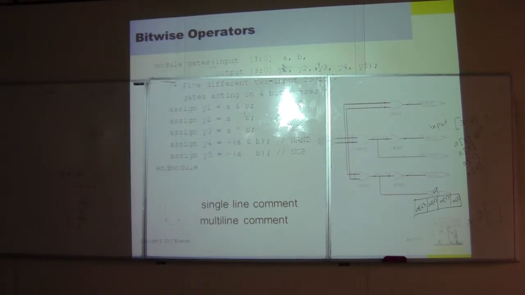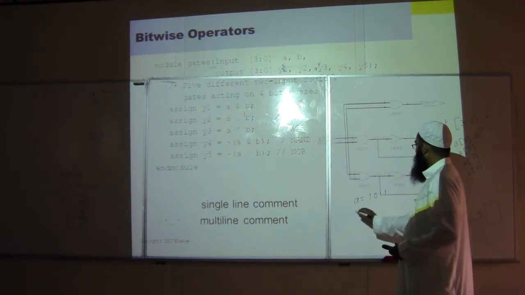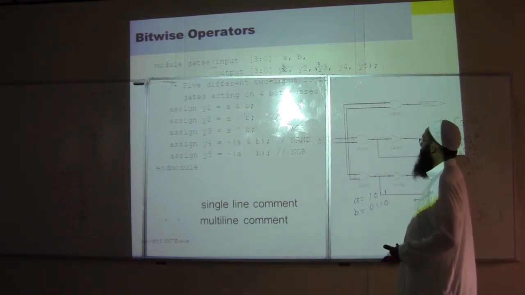So here assign Y1 equal to A and B. So 4 bits and 4 bits will result in 4 bits. Say A is 1 0 1 1, B is say 0 1 1 0.